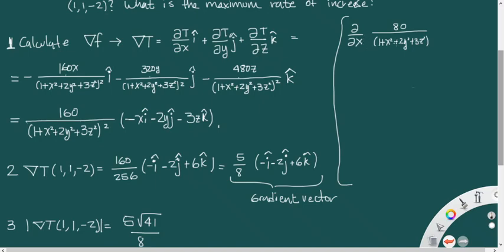Okay, here we have a constant value, so we can move the constant to the left, and let's say we have now 80 times the derivative with respect to x of 1 over 1 plus x squared plus 2y squared plus 3z squared.